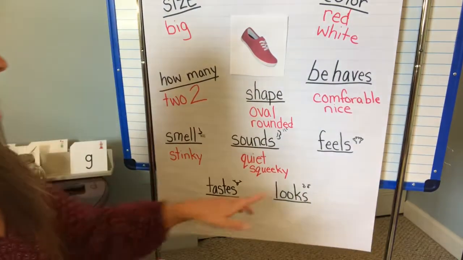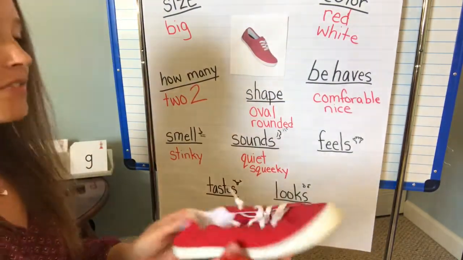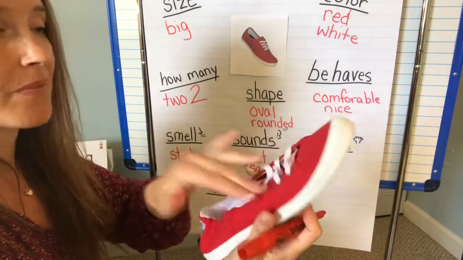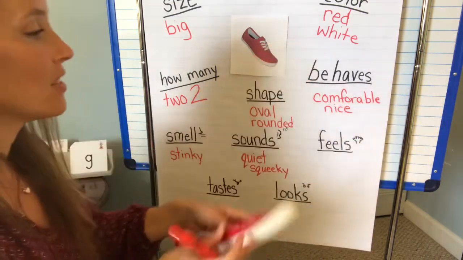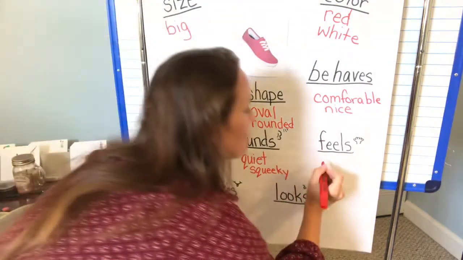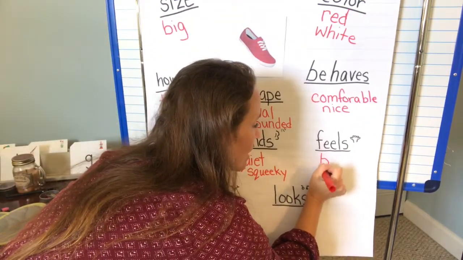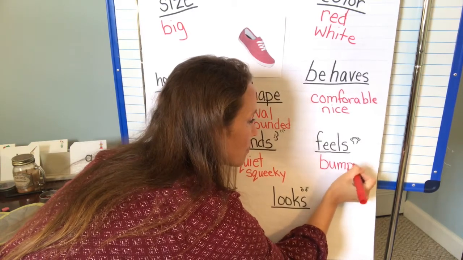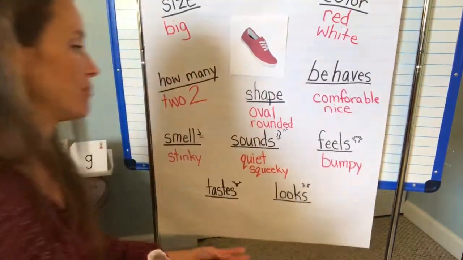All right, how does it feel? Well, feel it. It's a little bumpy. I have a little texture on there. So feel, bumpy is an adjective that describes my shoe.